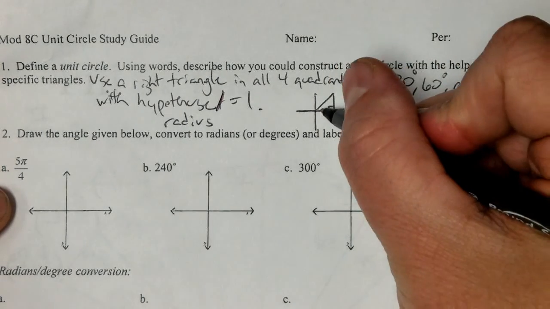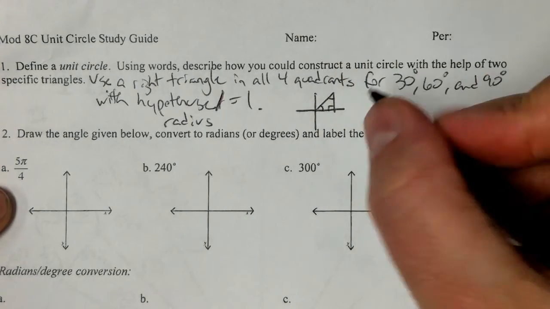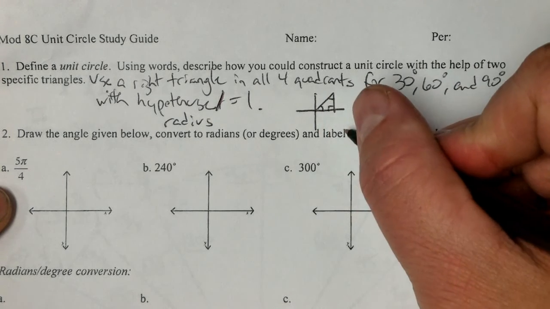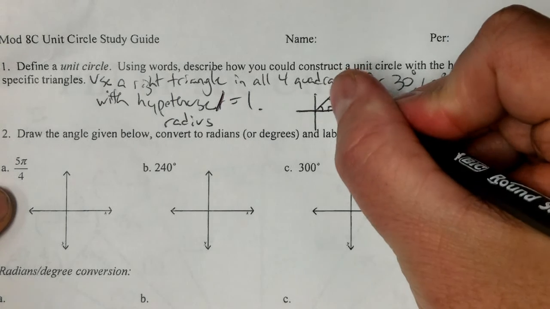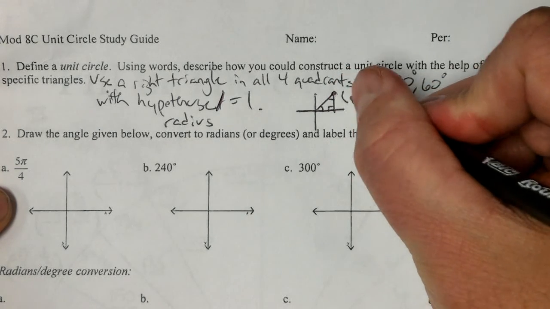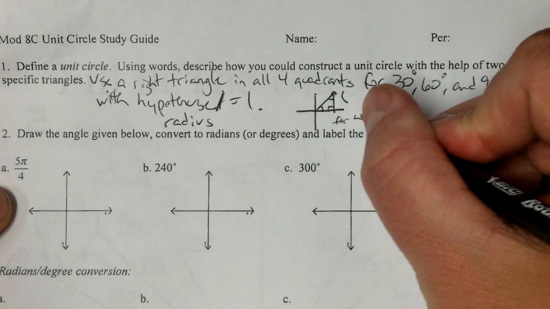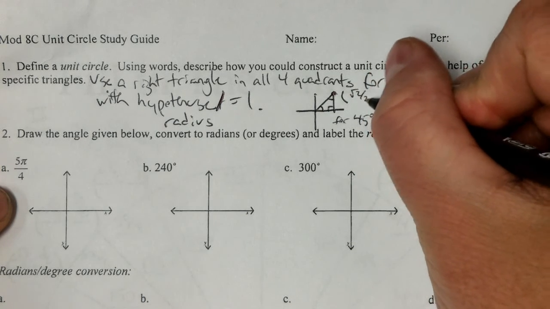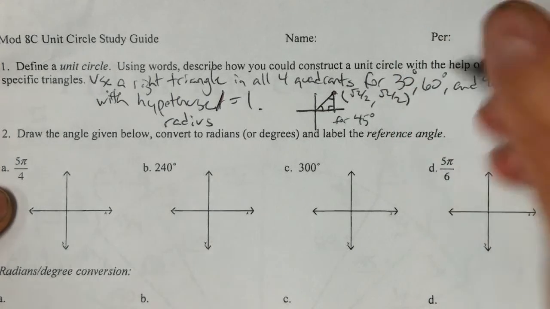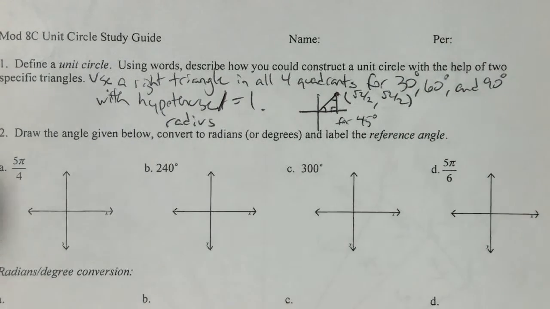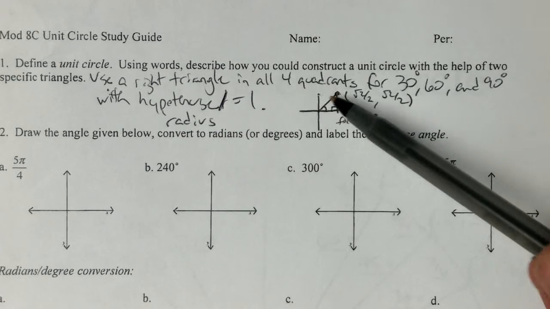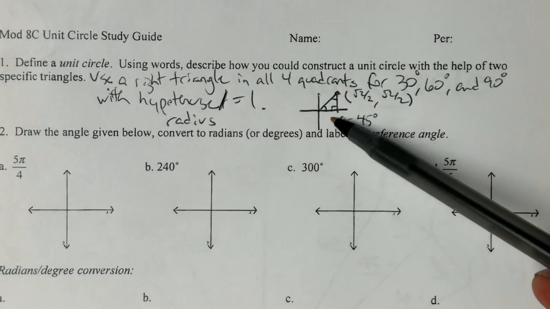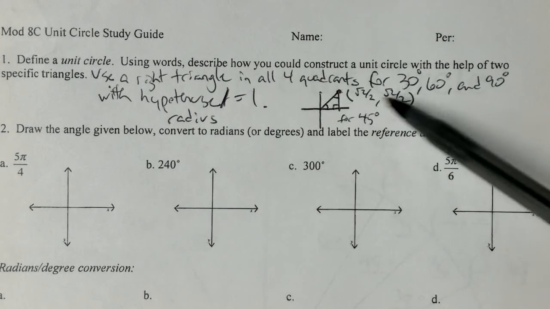Okay, so for example, there's a right angle. I want these two identical. So that means they're 45, 45, 90. And so this particular point would be for 45 degrees, it's positive square root of 2 over 2, positive square root of 2 over 2. So that's what that dot on the unit circle would be. For 45 degrees, it's right square root of 2 over 2 and up square root of 2 over 2.